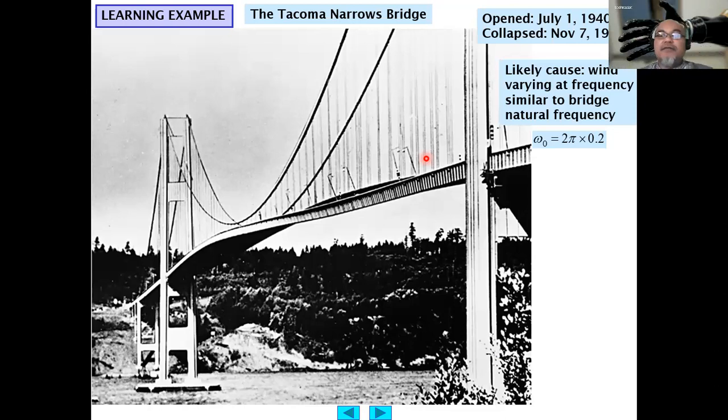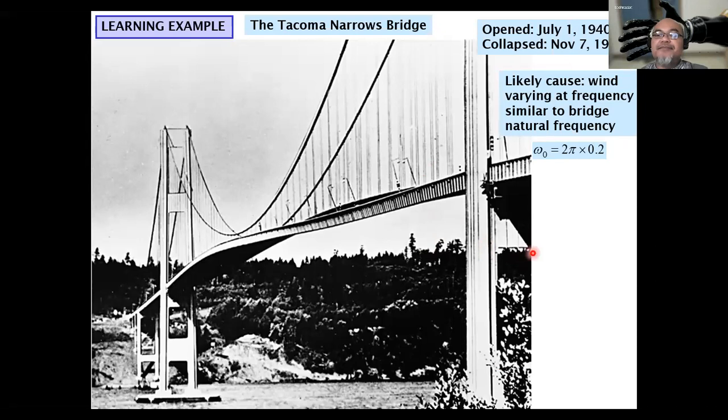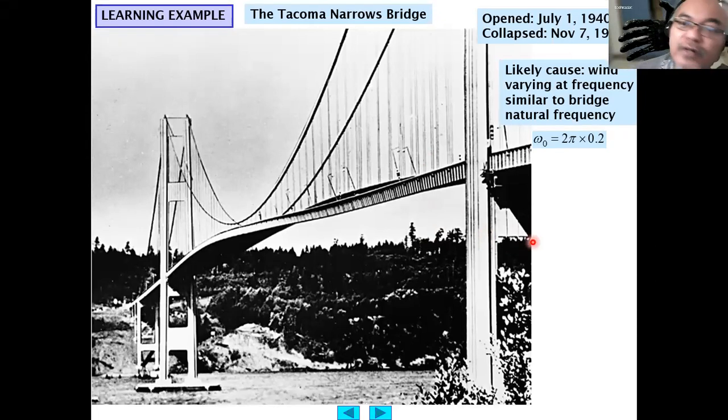Why is that? Because the design did not account for the wind. The wind varies at a certain frequency; the wind here can be considered as voltage applied to the bridge. The bridge system itself can be considered as an electrical circuit having a mass, a spring, and a damping system.